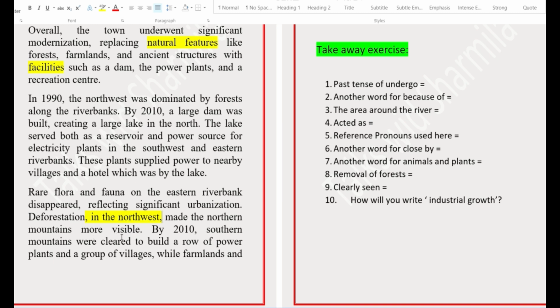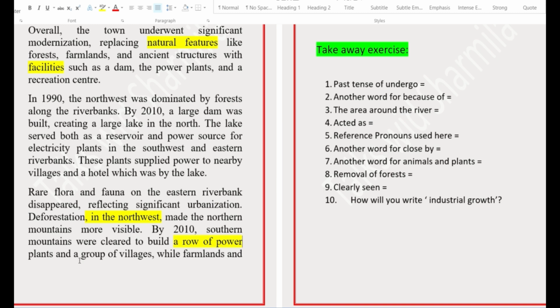By 2010, southern mountains were cleared to build, what is that? Plants. Are we saying the plants only? No, we have used a phrase, which is a row of power plants and villages. Is it just villages? No, we are grouping the words.